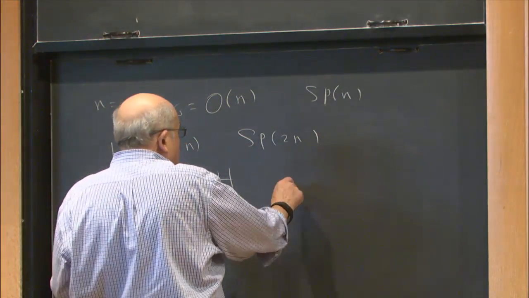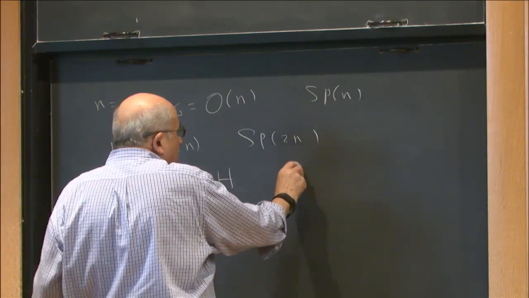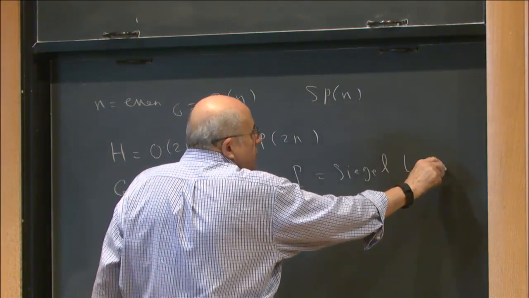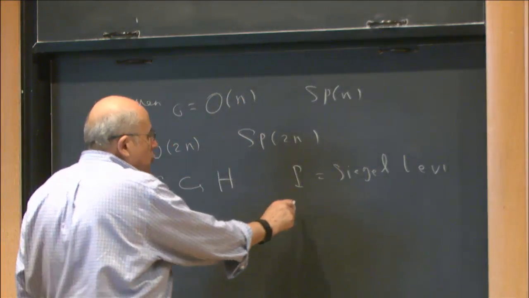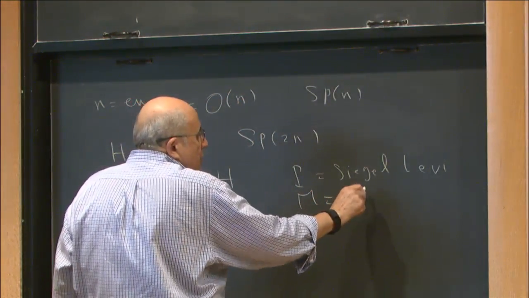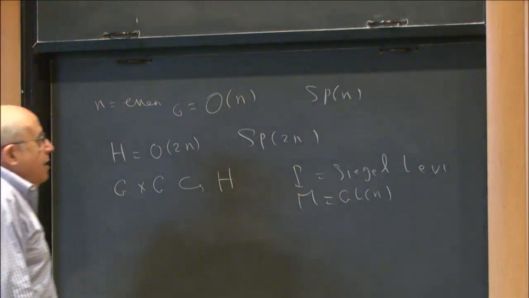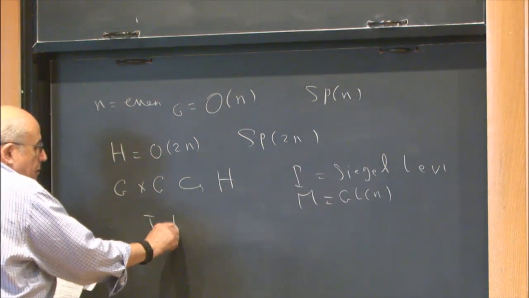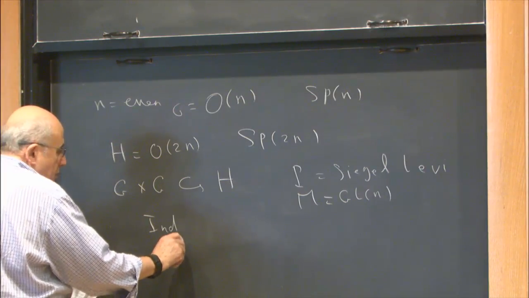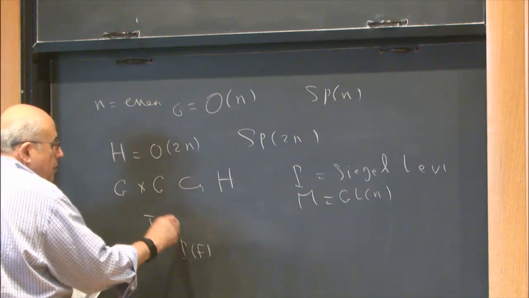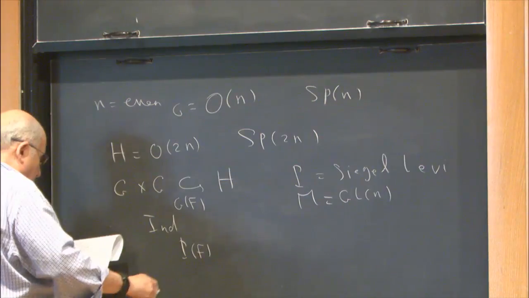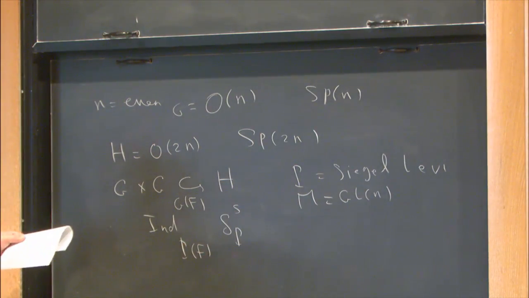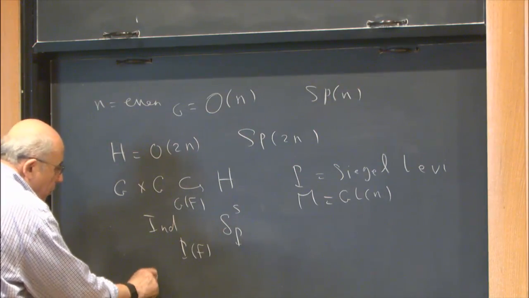They have this representation. They take P to be the Siegel-Levi, so the one where M is equal to GL_N. And then they induce from P of F to G of F the character delta_P to the s. And then they define the intertwining operator on this.